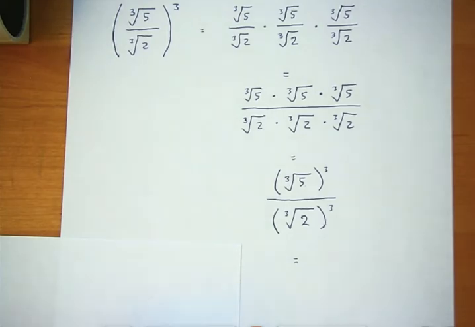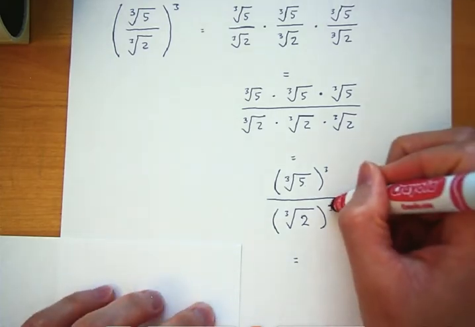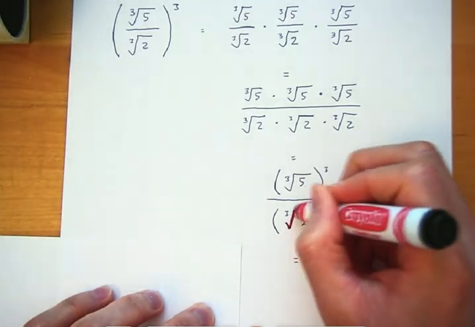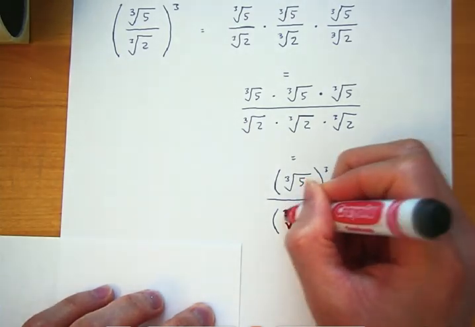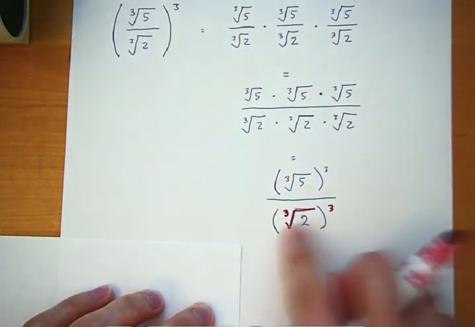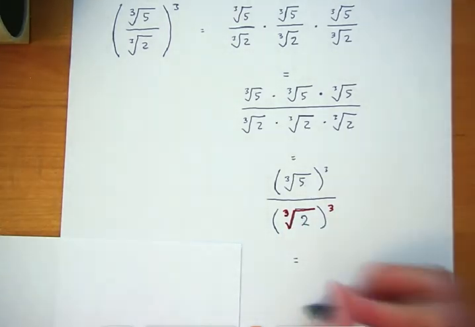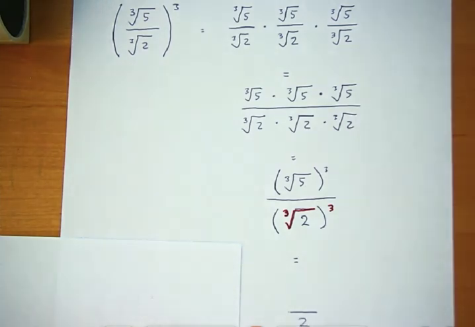This exponent 3 and this third root will cancel with each other. So then at the bottom of the fraction, you just have a 2.